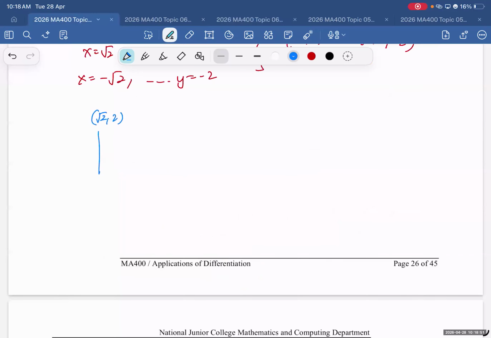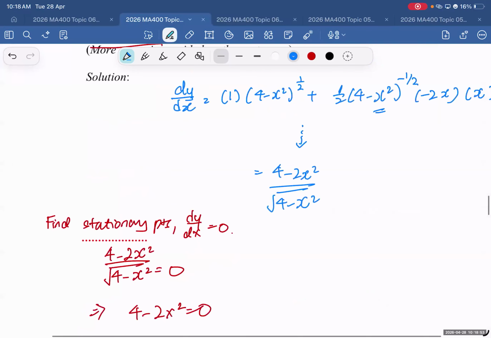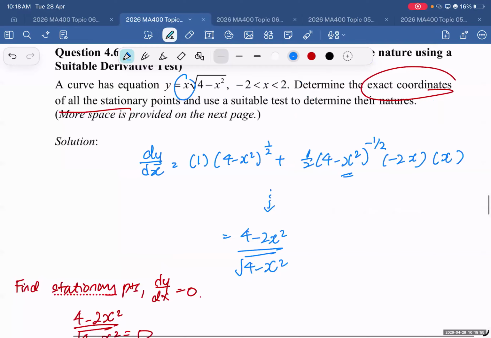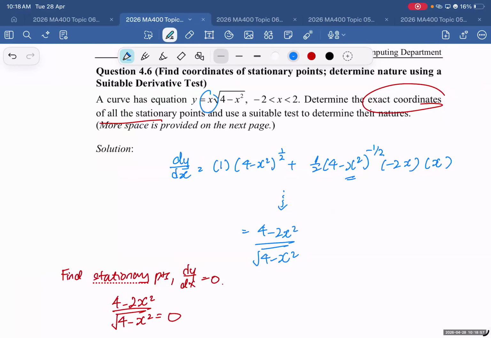Okay, so Archie, I show you, your dy dx should look something like this. You try to pack all your dy dx, because when you do dy dx, you find that you have two fractions. So you try to pack both together into one.